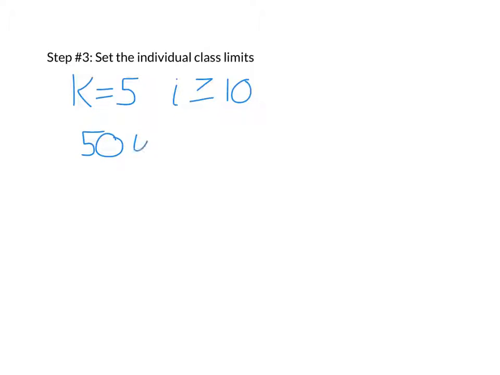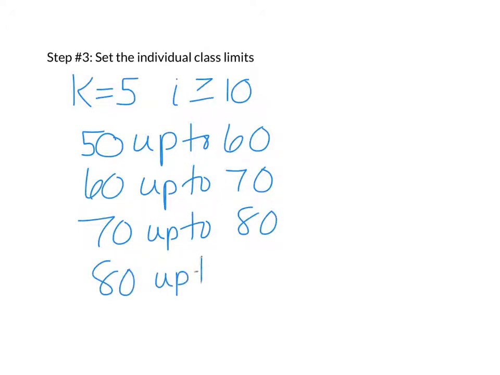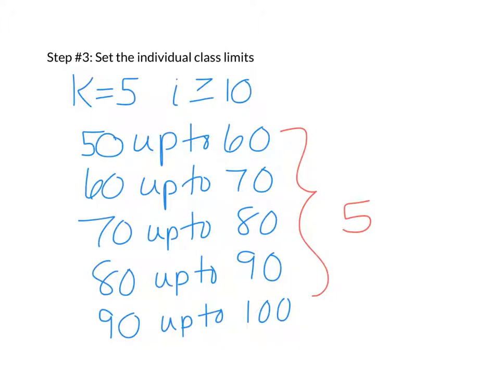So I'm going to go with 50 up to 60, 60 up to 70, 70 up to 80, 80 up to 90, and I need to have one more, and my highest value is 98, so that should work. 90 up to 100. So I do have my 5 classes, and I have an interval of 10. The lowest and the highest values are included.